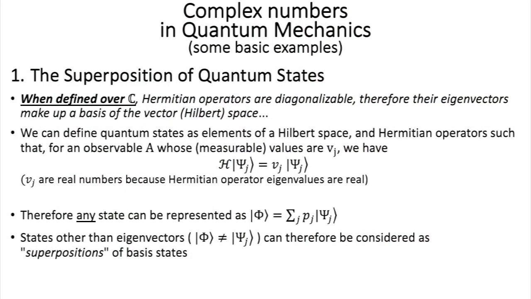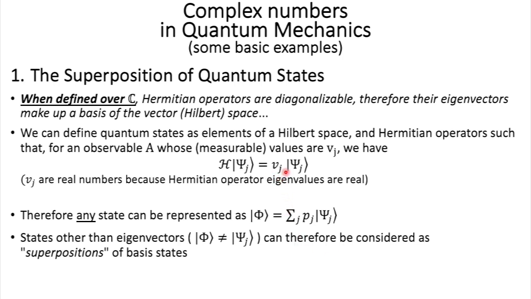The first example of why we use complex numbers, in particular in quantum physics, is a superposition of quantum states. In a previous video about the Hermitian operators, we had this very important theorem, and this theorem told us that Hermitian operators are perfect to mimic the behavior of quantum states.